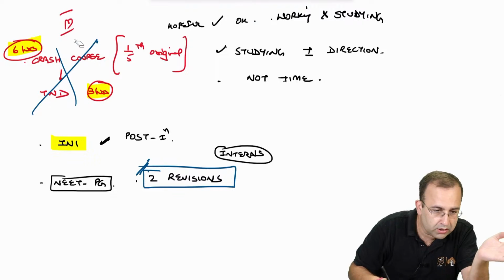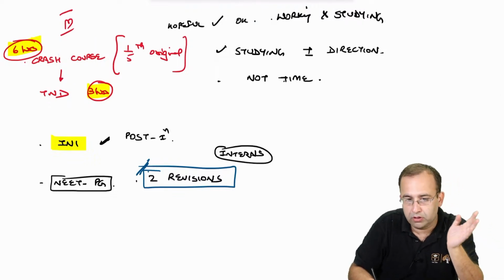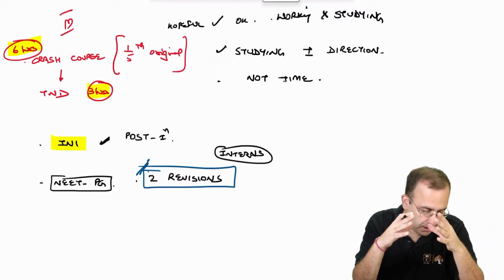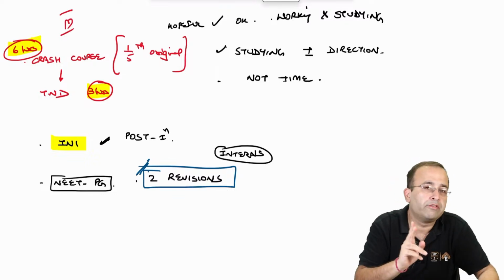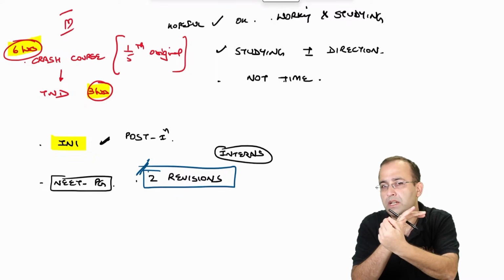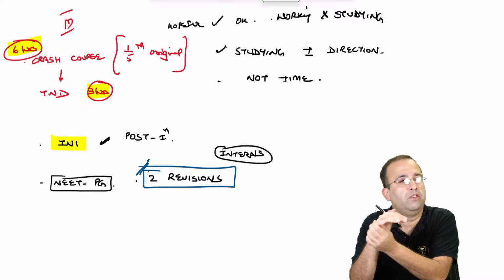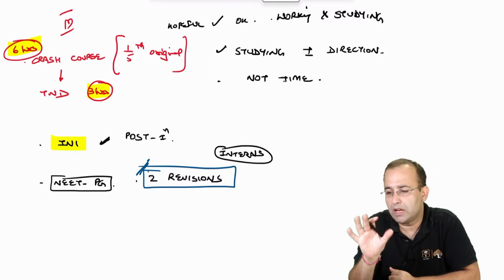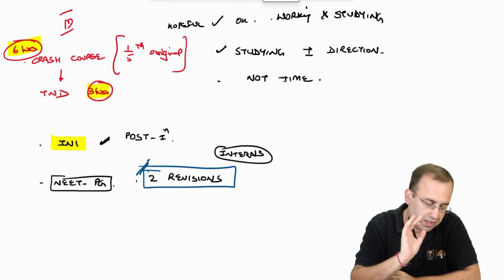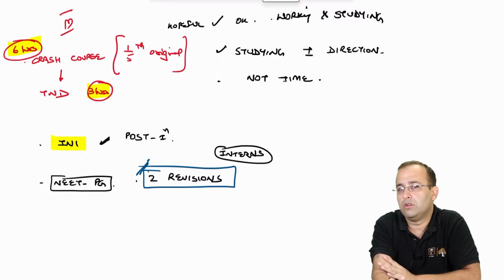Do not think that this will be a substitute for the full class. No, you will not be able to understand it. Do the crash course and T&D only after you have read all 19 subjects and are done with 2 revisions, because it serves as the most important topics. We cannot give the paper just on the basis of crash course and T&D. There is no doubt about it.